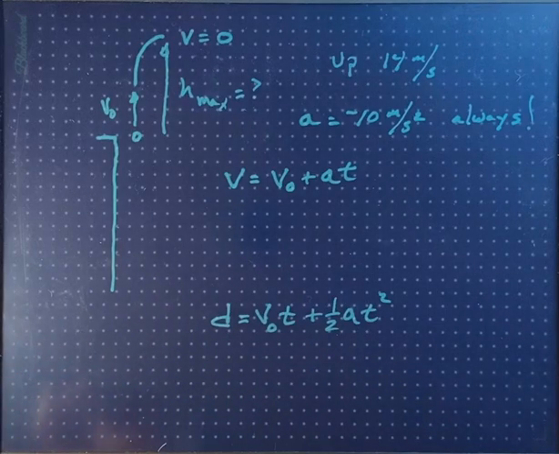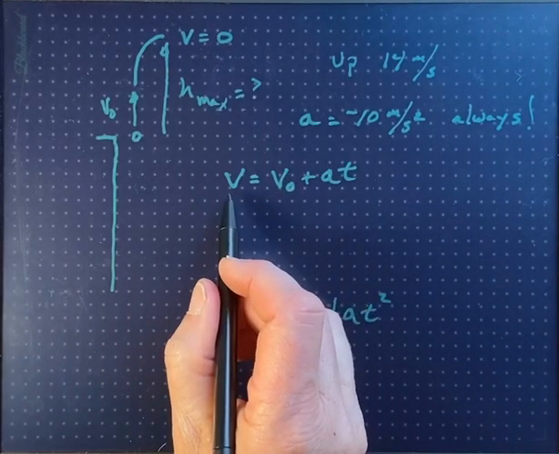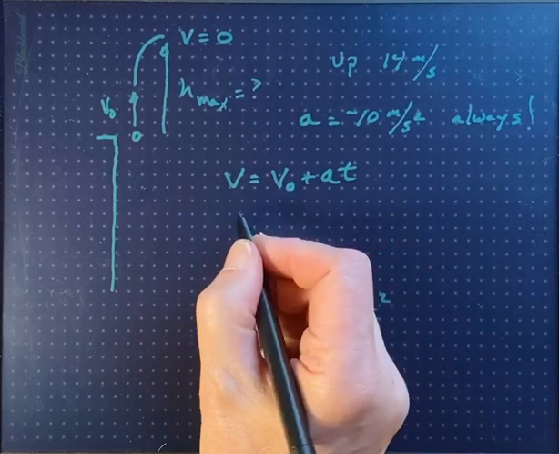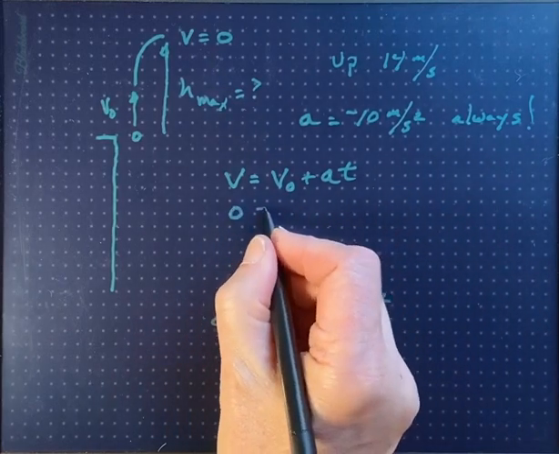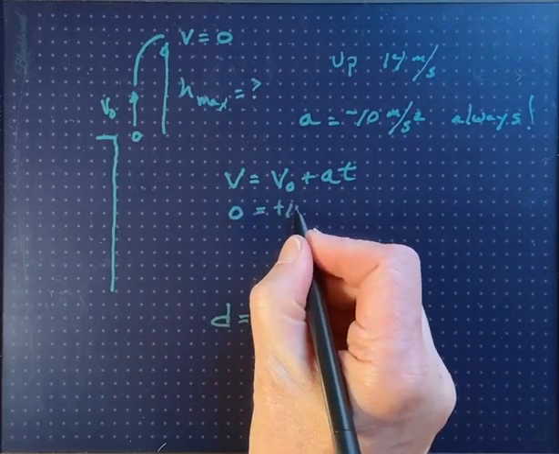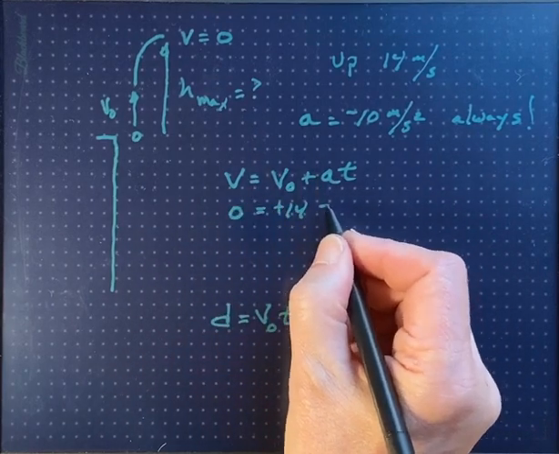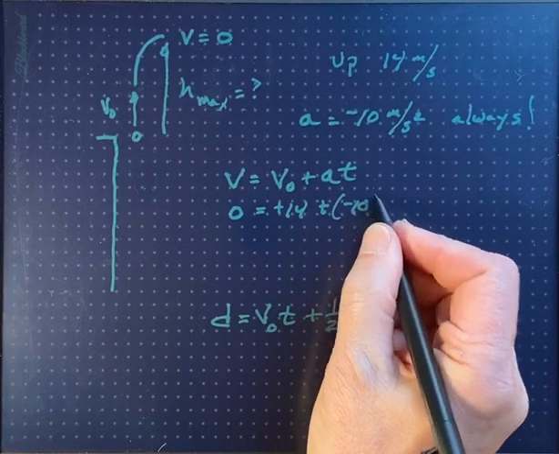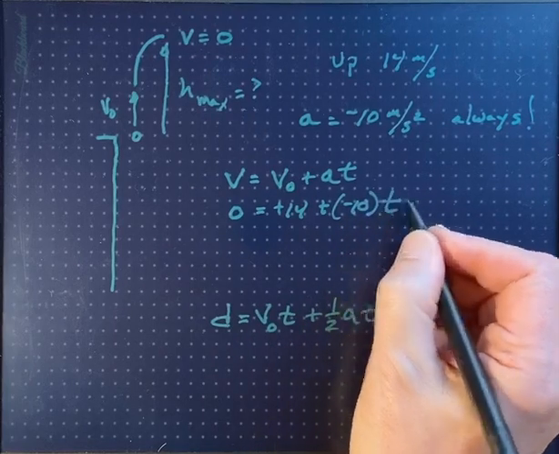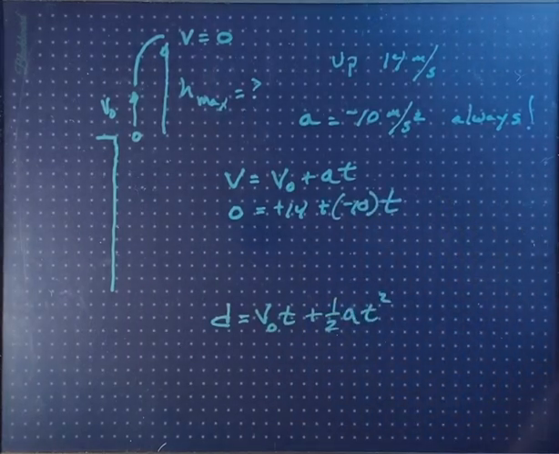So I find that if this is 0, we could just plug things in. 0 equals plus 14 because we're doing the up, plus minus 10 times t. You've got to solve that thing for t.